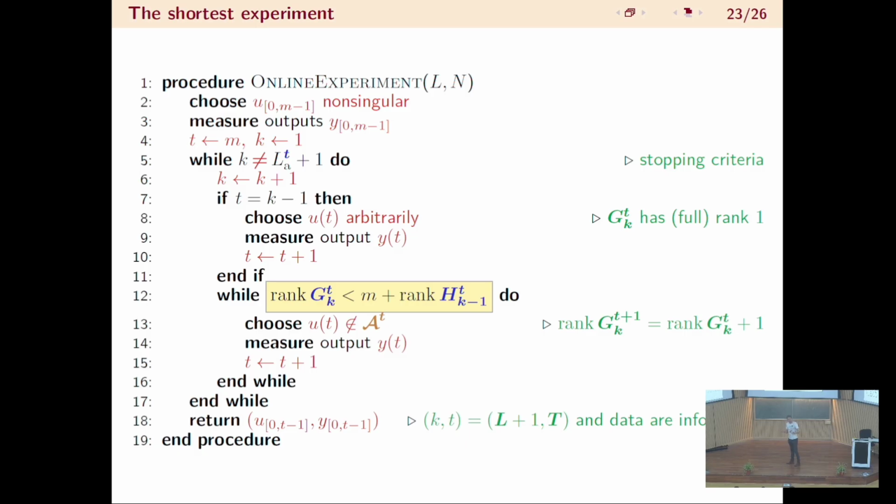While the stopping criterion is not satisfied, of course, here in this inner while loop, I'm going to increase the rank of my G_k matrix by choosing these inputs to not lie within this affine set, A_t.